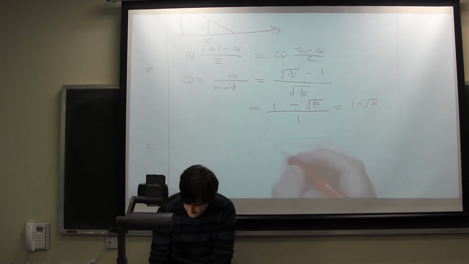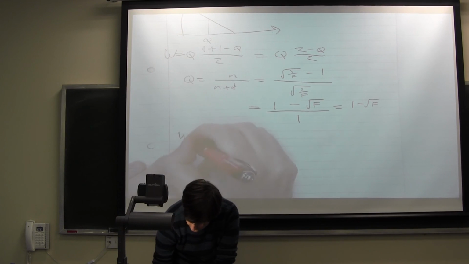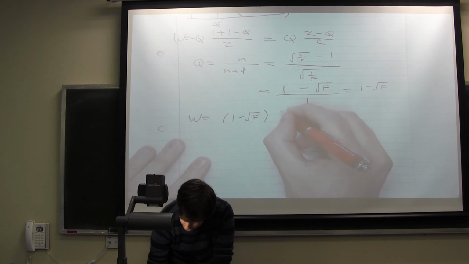Let's call that W. So welfare is 1 minus root f times 2 minus root f over 2.